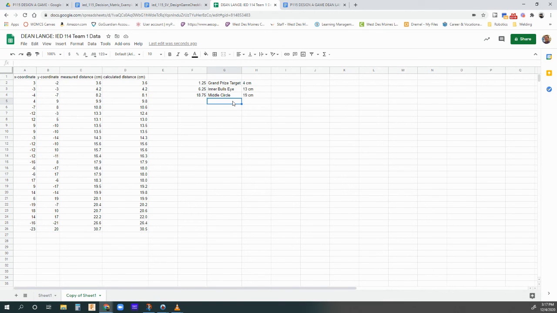Okay. So that allows us to now say that if we made the circles or the targets or whatever we put on our carnival game, these sizes should mathematically prove that only 3 to 5% of the people are going to win that grand prize. Approximately 25% of the people are going to hit that inner bullseye. 75% are going to land in that middle ring, that middle circle.